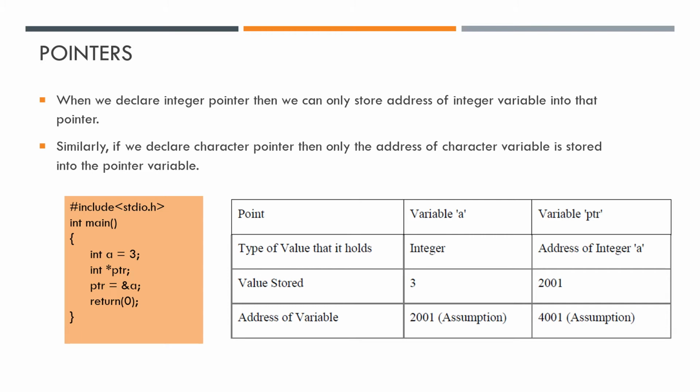For example, the integer a has the value 3, and let's say the address of the variable a is 2001, and ptr is the pointer storing the address of a, which is 2001, and let's say the address for ptr is 4001.